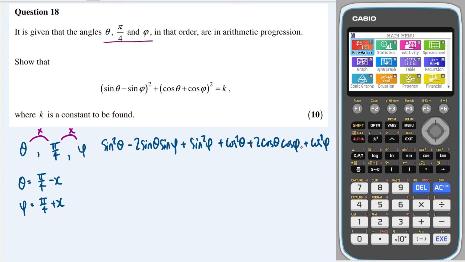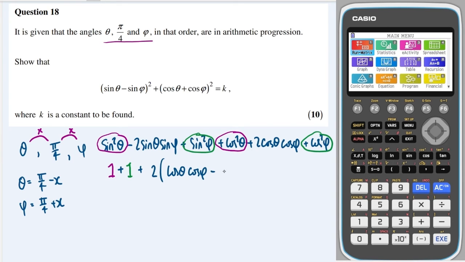Okay, we can then collect up, and we have a sine squared theta plus a cos squared theta, so that's equal to 1. We have a sine squared phi plus a cos squared phi, so that's equal to 1. And then we have 2 lots of cos theta cos phi minus sine theta sine phi.